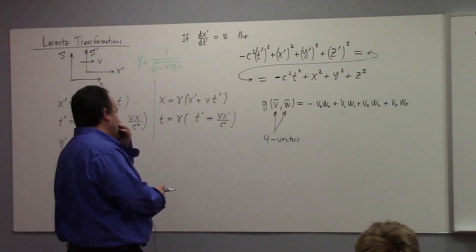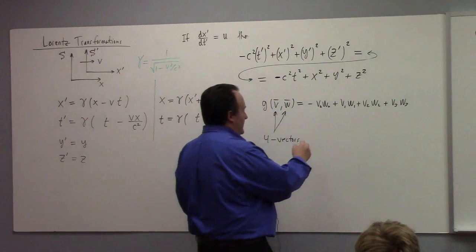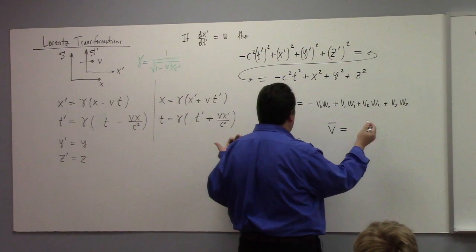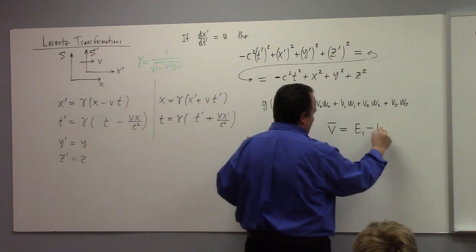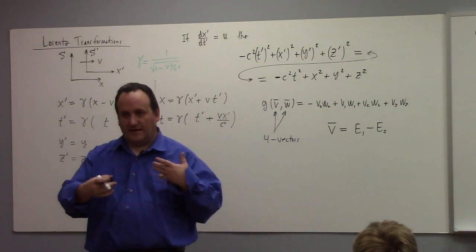Let's see how to say this. The way to think of a four vector, for example, is like a displacement in space and time. So you can take the difference of events, like event 1 minus event 2. An event is a time and a location.